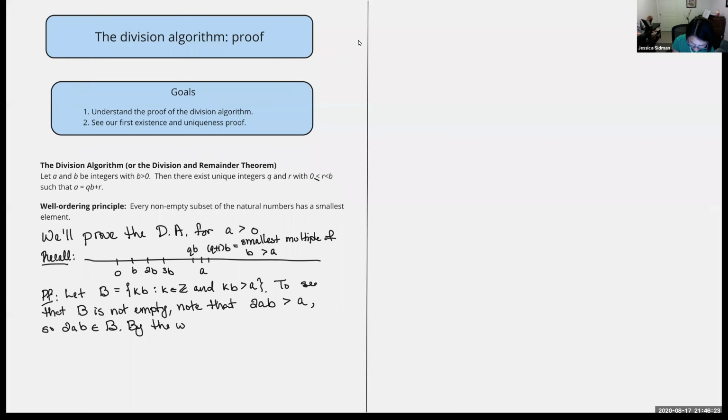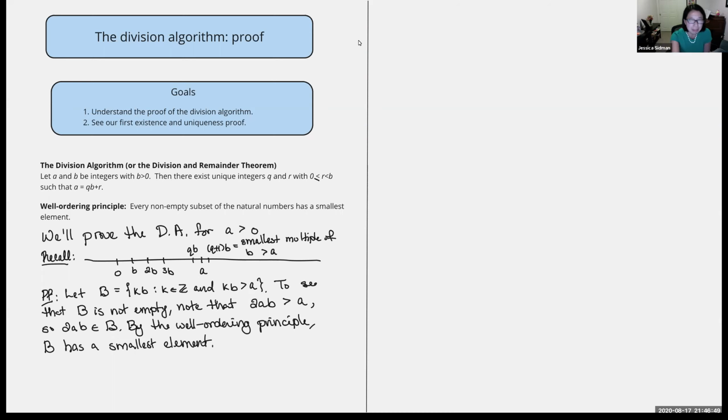So I can apply the well-ordering principle and say, by the well-ordering principle, capital B has a smallest element. Okay, and I want to give a name to that smallest element, and I'm going to be really clever.